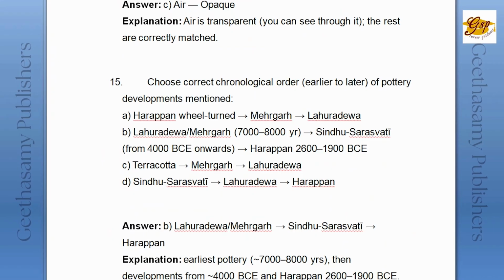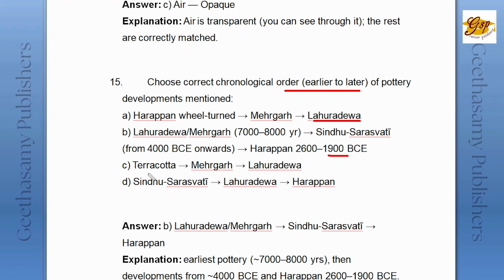Then the 15th question. Choose the correct chronological order of early pottery development: Lahuradeva, Mehrgarh, Harappan wheel-turned. Lahuradeva and Mehrgarh are 7,000 to 8,000 years old. Sindhu-Saraswati from 4000 BC onwards, and Harappan 2600 to 1900 BC.